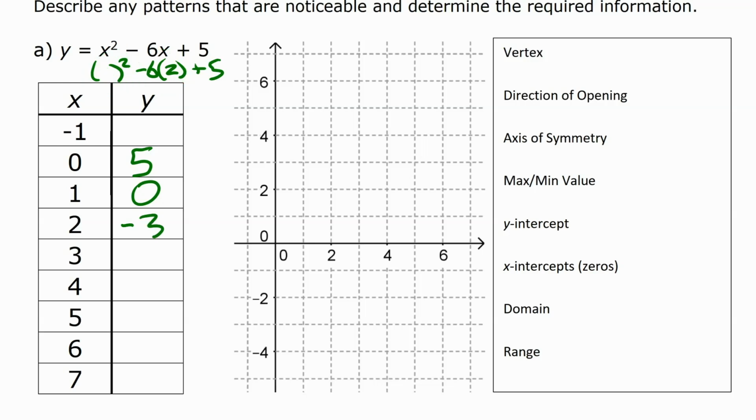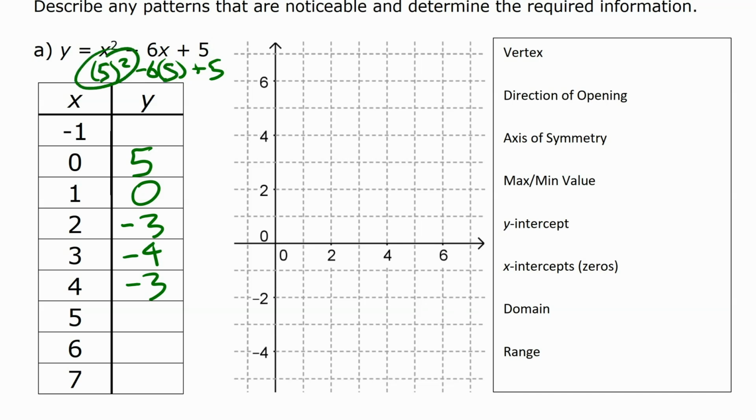Next one in the table there is a 3. We have 9, we have minus 18, which is minus 9, plus 5 on the end is minus 4. Next one we want to put in there, put a 4. So we've got 16 minus 24, which is minus 8, plus 5 is negative 3. Do our next one here, which was a 5.